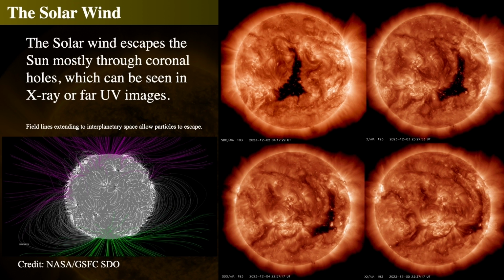So the solar wind mostly escapes through the coronal holes, where you see the loops and flares of the corona, but you see these streamers coming out. Those are the coronal holes, where it's cooling and material is flying away. The coronal holes can be seen because they're darker in X-rays, as the sun looks bright in X-rays, and the coronal holes are where the solar wind arises.